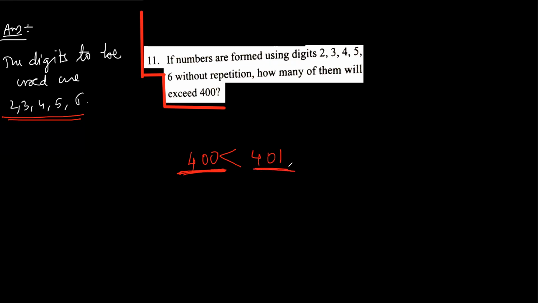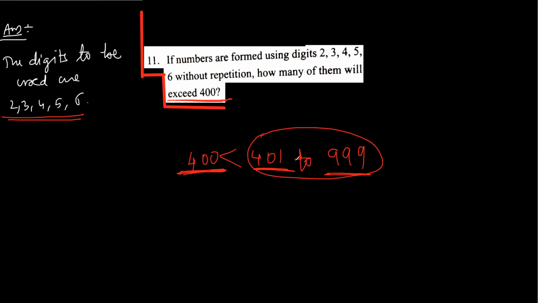Okay, so the number can be a three-digit number. You see this? Or a number can be a four-digit number. See, 401 to 999, these all numbers are exceeding 400. They have clearly said that using these digits, you have to make numbers. How many of them will be greater than 400?